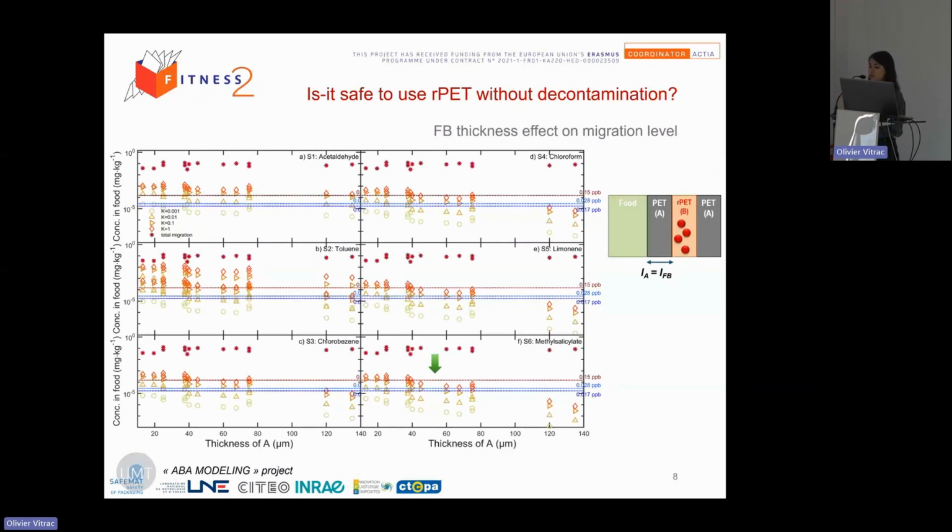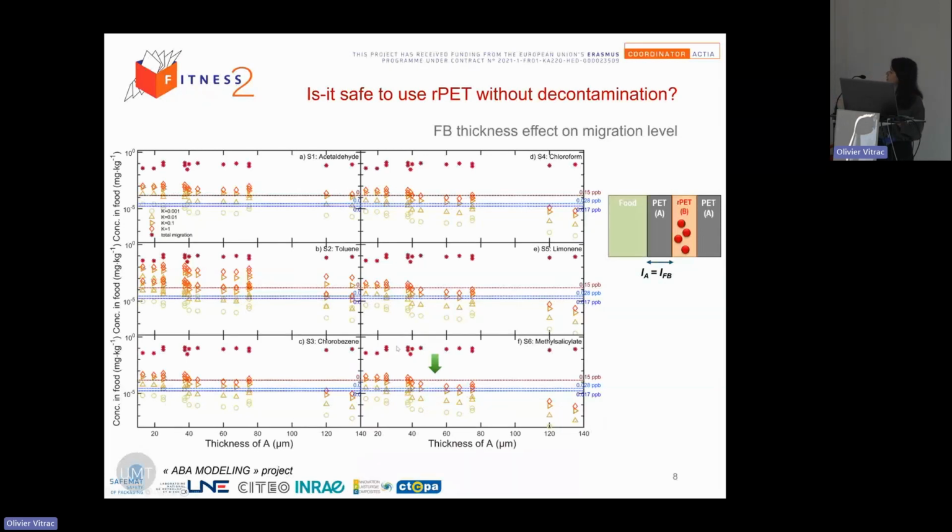But if we increase these layers too much, we go against the principle of waste reduction, because we increase the mass of packaging, and we can also increase the amount of contaminants in the recycling loop.